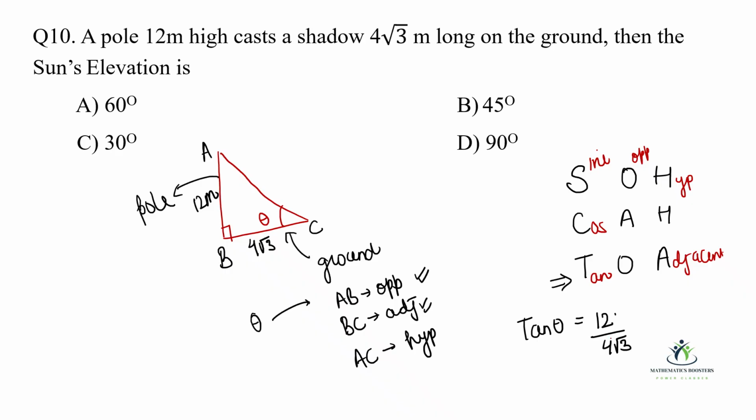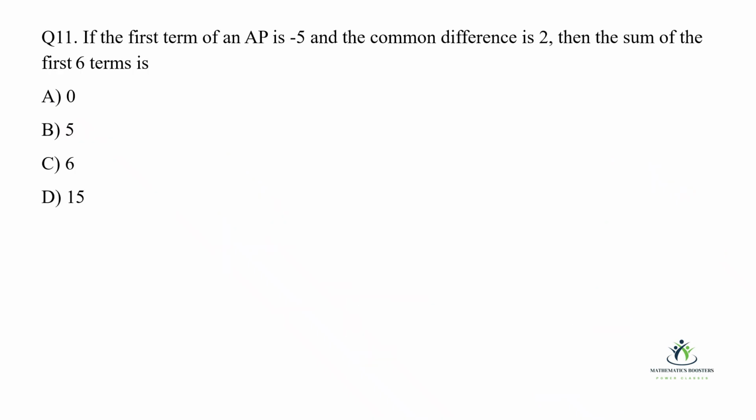Both are divisible by 4, 3. This 3 can be written √3 upon √3. Cancel. Tan theta √3 कब होता है? Tan theta √3 60 डिग्री पे होता है. And the answer is 60.